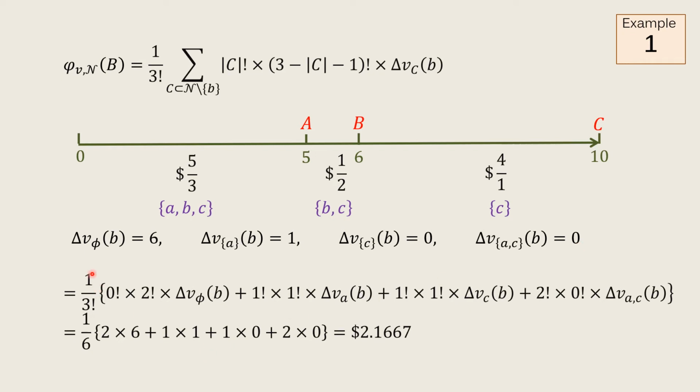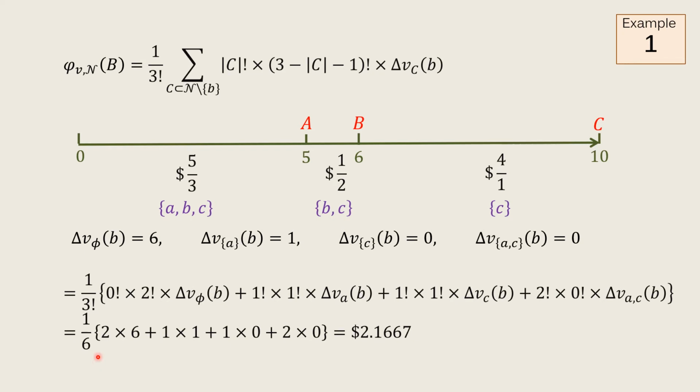And so this is the formula for the Shapley value. 1/3 factorial times size of each coalition factorial times 3 minus size of C minus 1, that's 2 minus size of C factorial times marginal contribution of B. And so null coalition.